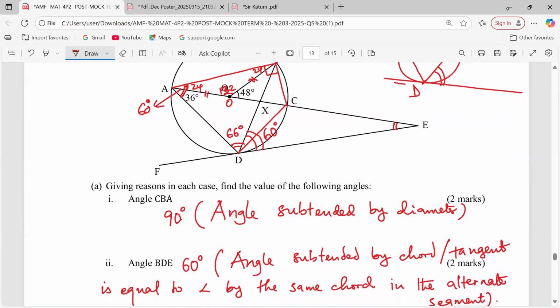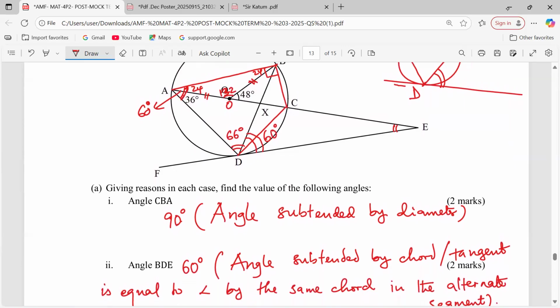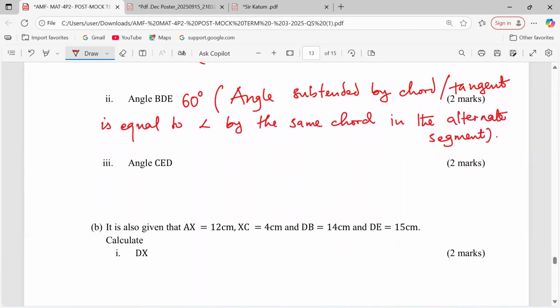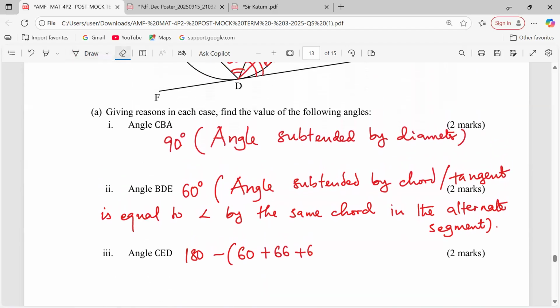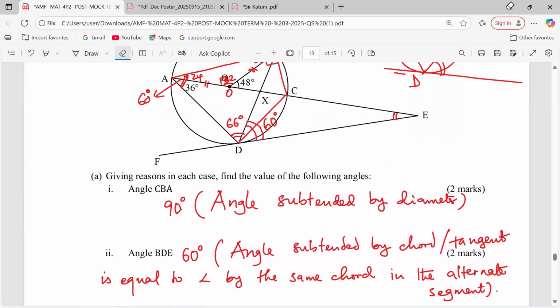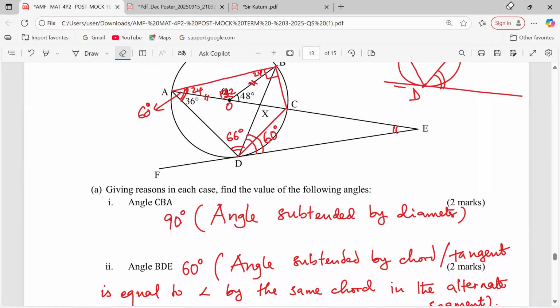Therefore, with these angles now, we can say that inside a triangle, we need to get 180 minus all the angles that are available, 60, 66. Wait, let me consider the triangle clearly. Okay, 36.